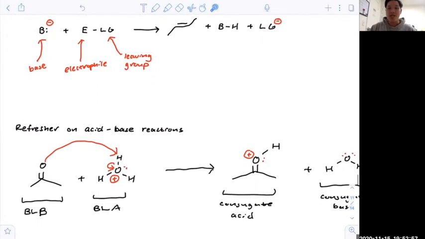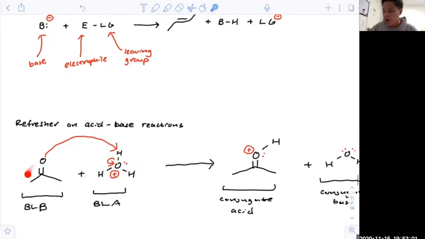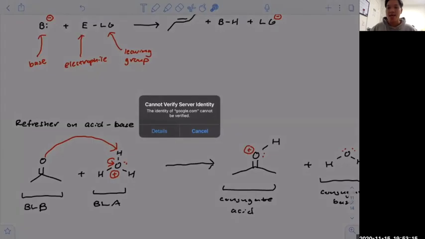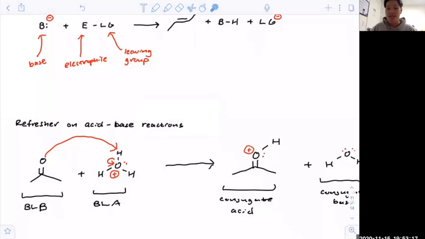If you remember, these are from, I think, chapter 2. So we have here our Bronsted-Lowry base, and a Bronsted-Lowry base is anything that accepts a proton, being a hydrogen atom, right? And a Bronsted-Lowry acid is anything that donates a proton, which it's donating here, as you can see.